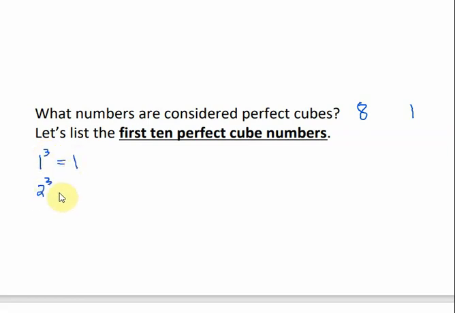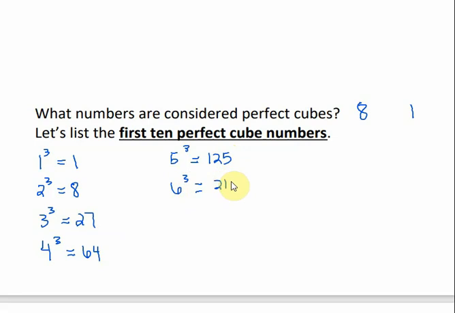2, if I multiply it times itself 3 times, I get 8. 3 cubed is 27. 4 cubed is 64. 5 cubed is 125. 6 cubed is 216. 7 cubed is 343. 8 cubed is 512. 9 cubed is 729.